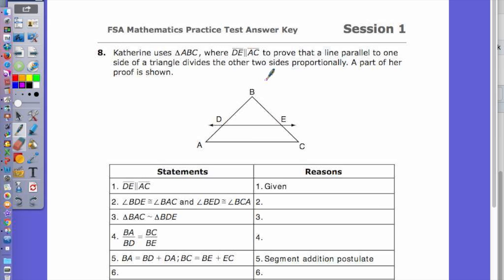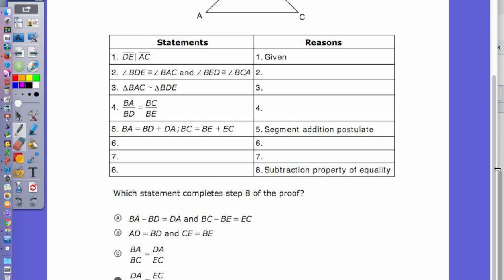Okay. Some of you, I know, looking around the room, picked A. I think you picked A because you saw subtraction property over here. Remember, subtraction property of equality as a reason would then be over here. It would look like after the subtraction. Even here you're not subtracting the same thing.